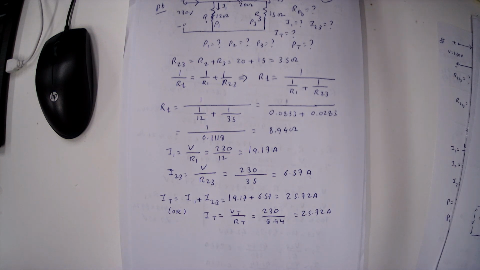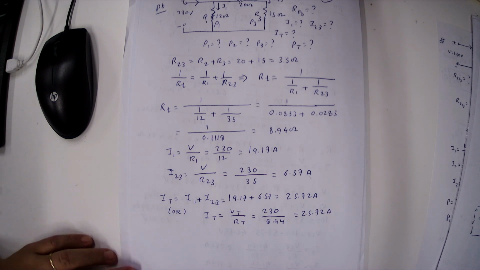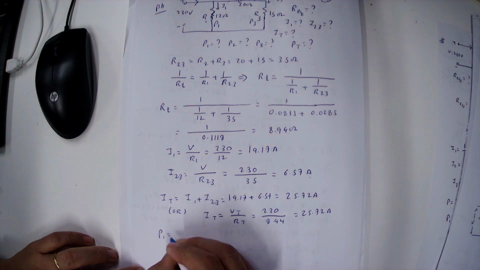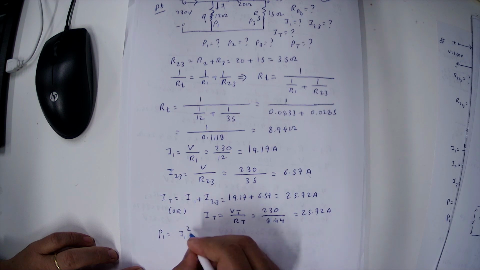Then we calculate the power dissipated in each branch. We know the current, we know the resistance, then we can calculate the power. So P1 can be calculated as I1 square multiply R1.